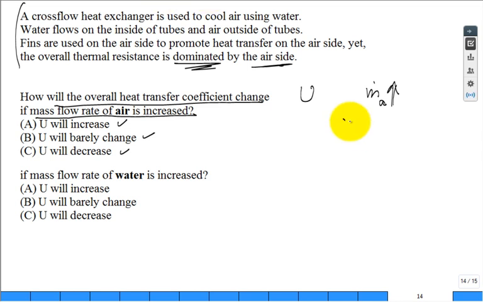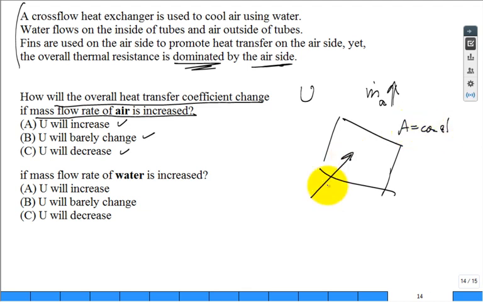All right, so the area is kind of fixed right here. Area is a constant. And you have this approach speed v. If m dot goes up, what does the velocity of air approaching that heat exchanger do? Doesn't it go up? All right, what is the Reynolds number of the air? Maybe it's external flow over the fins. Think of the previous chapter. What does the Reynolds number do? Because the velocity of the air went up, it increased.